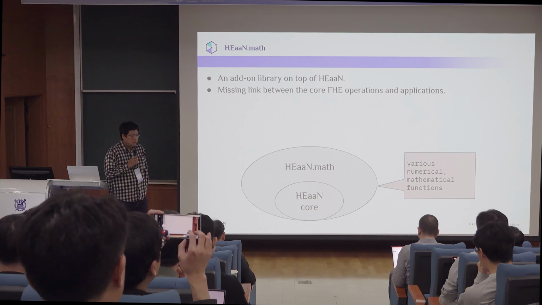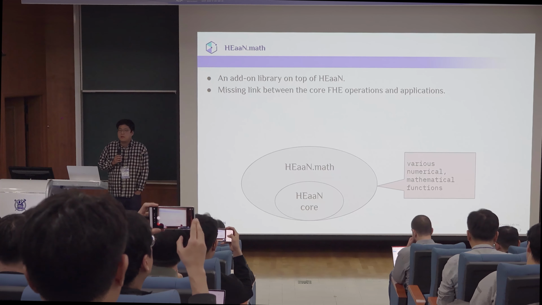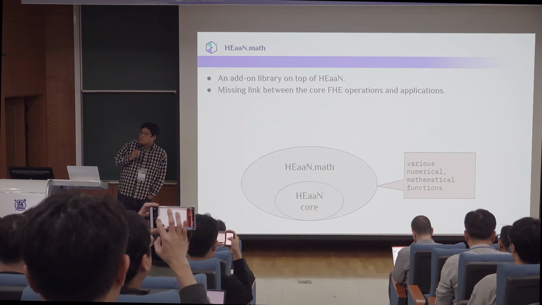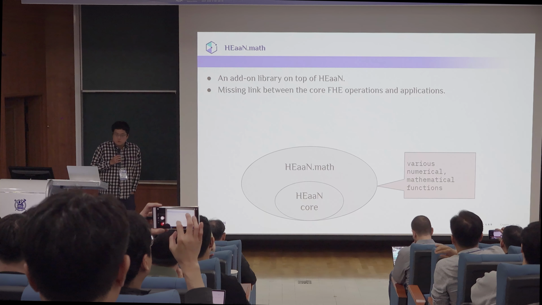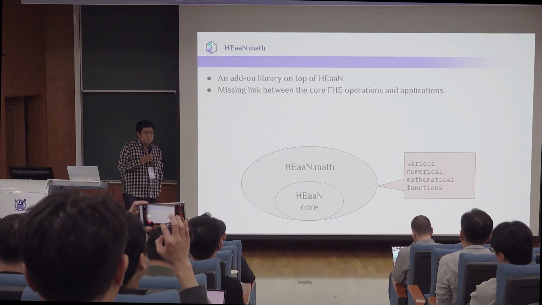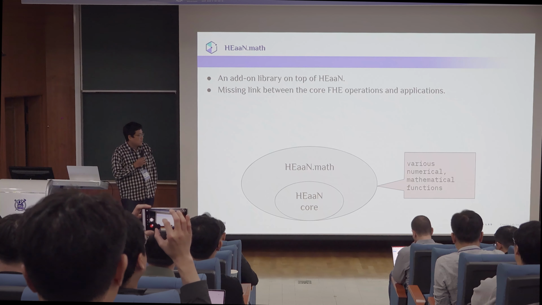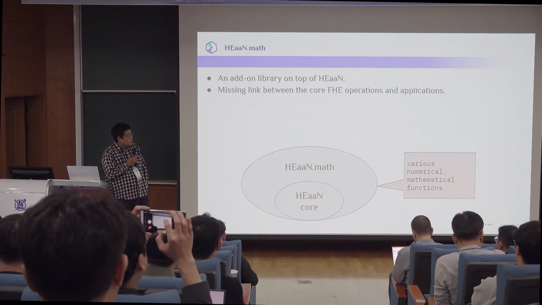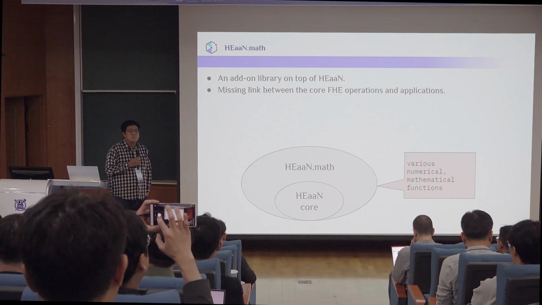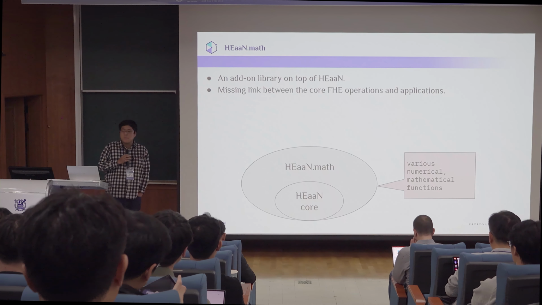We need to do a lot of function evaluations in a homomorphic way, so we approximate them by polynomials and do the computation. We also have other numerical functions, such as comparison.